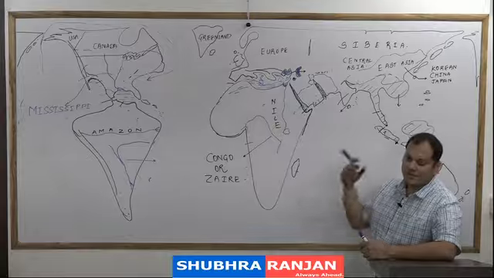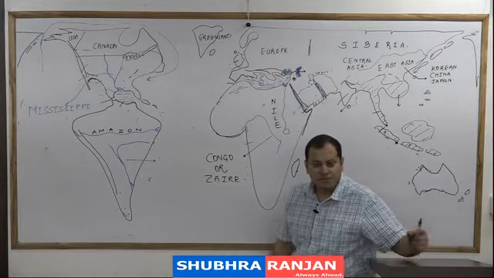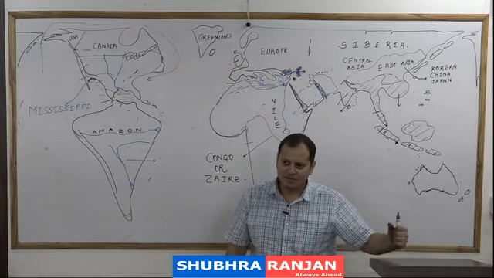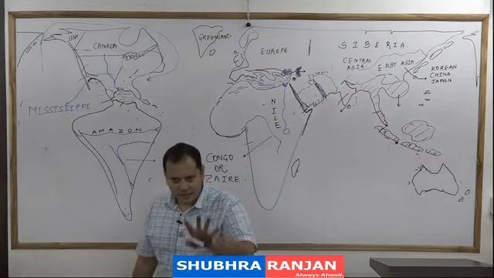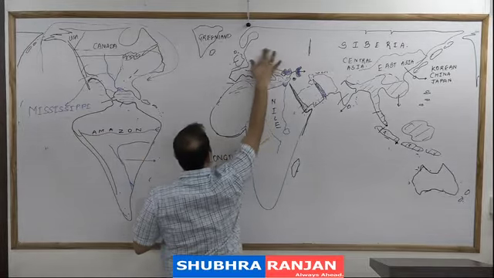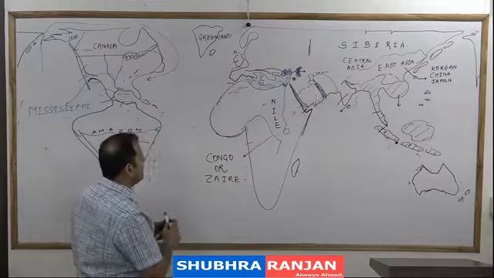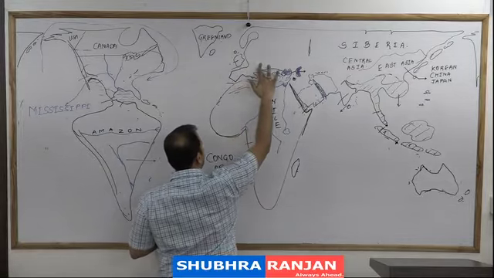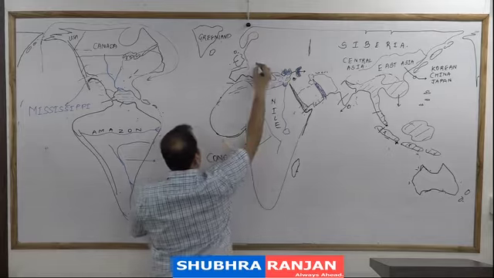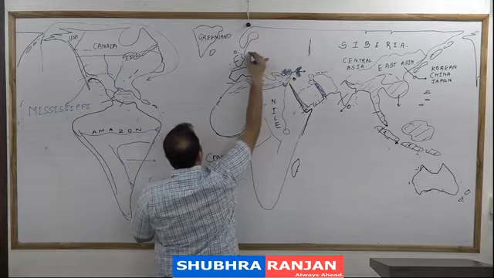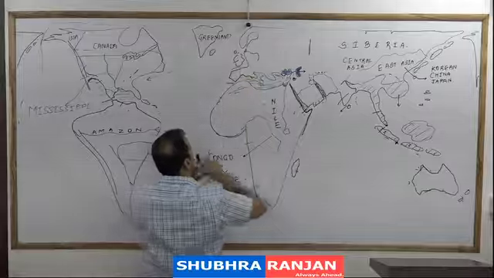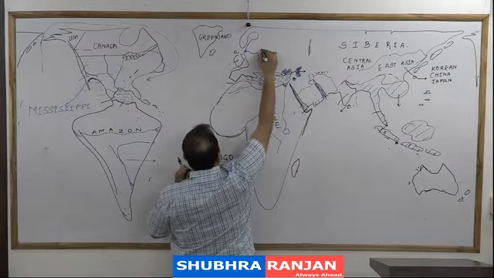And then we come to Europe, which is the most important inland river system in the world. Now, there are two rivers in the map of Europe. One river goes to the north and drains into the North Sea, and this river is known as River Rhine.